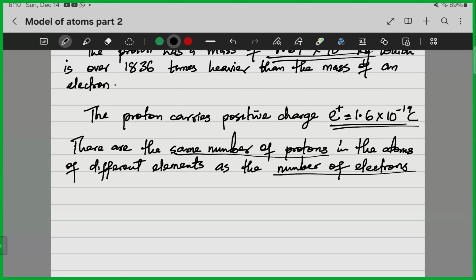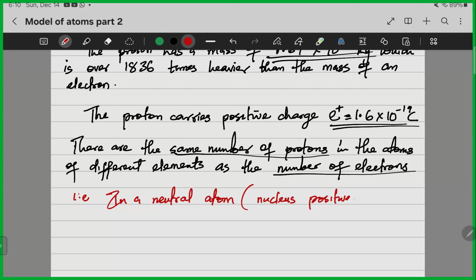In a neutral atom, let me tell you why an atom is said to be neutral. It's because the nucleus has positive charge. Why does it have positive charge?